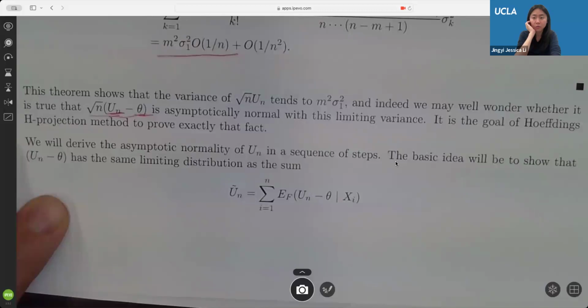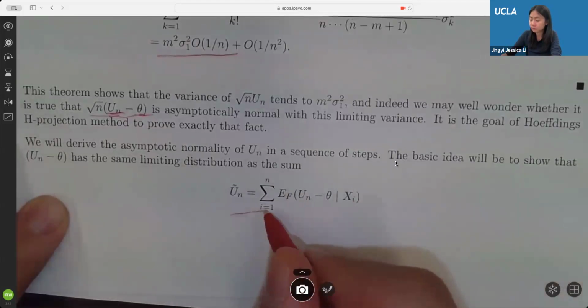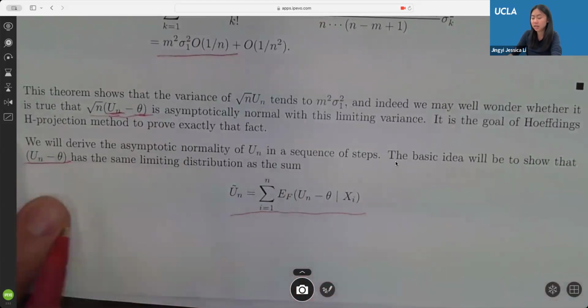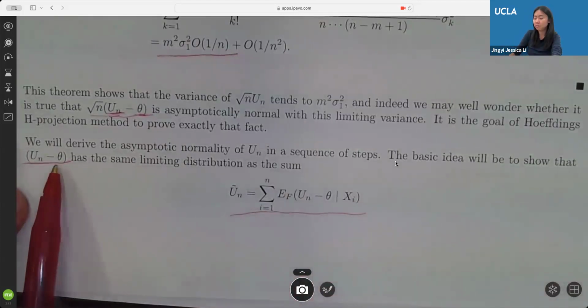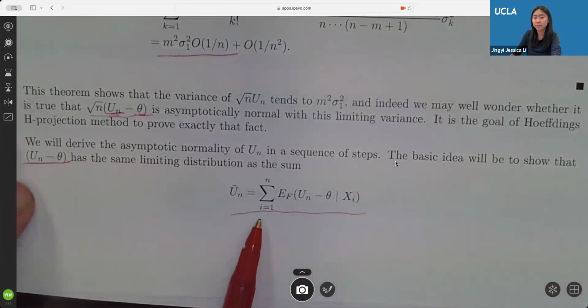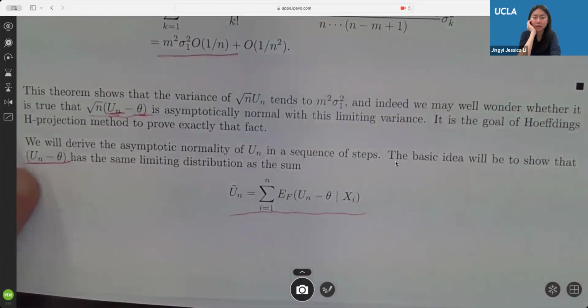The basic idea will be to show that Un minus theta has the same limiting distribution as this Un tilde. So we are not working on this asymptotic distribution directly, but we use a surrogate, Un tilde. Essentially, we are taking Un minus theta, the target, by taking conditional expectation on each Xi, where X1 to Xn are IID from distribution F.